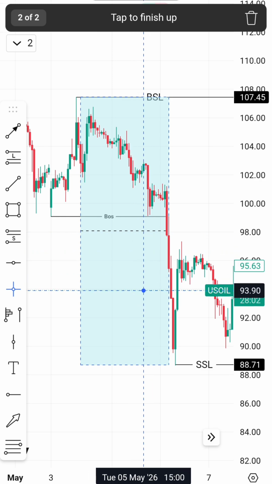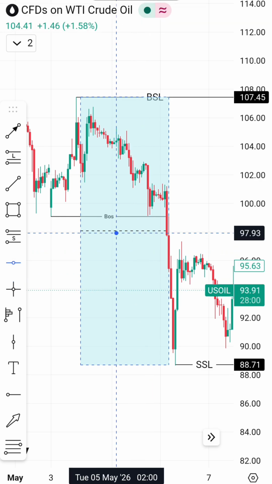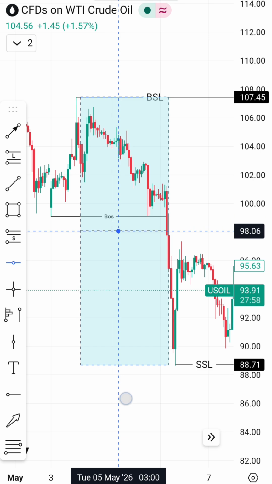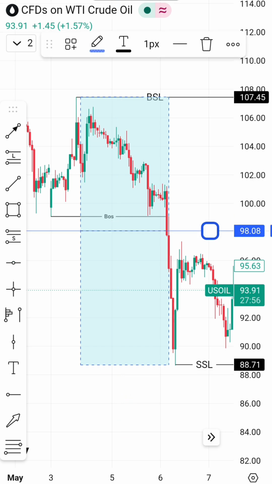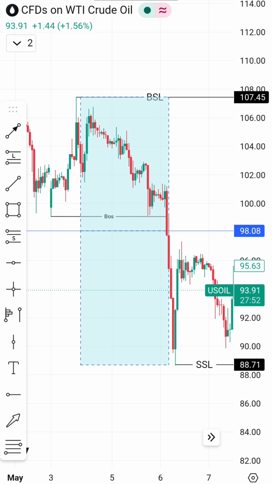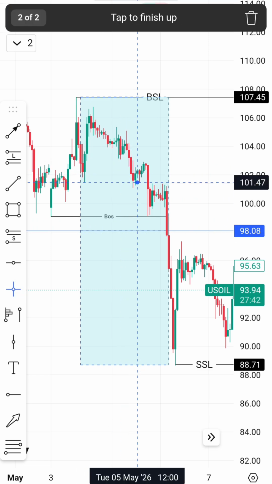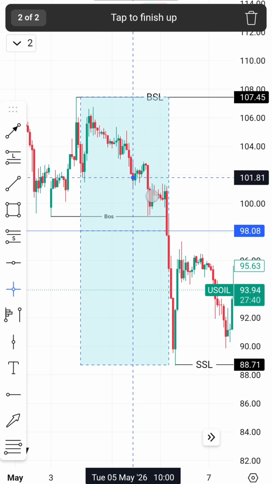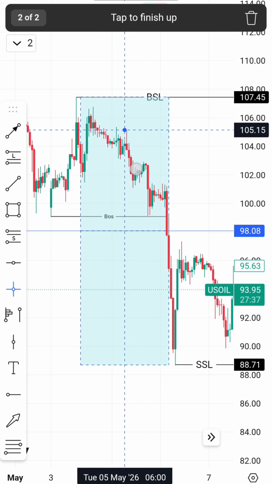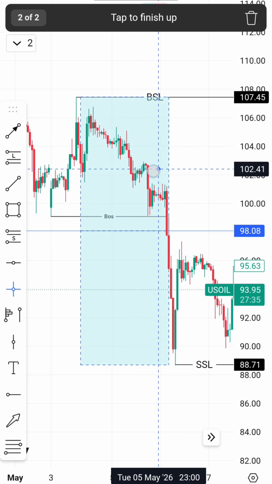Let me identify that for you. Anything below that line is cheap. So we have to sell it when it is above. If we can sell around this zone, from here, anything below here, we will be good. Why?